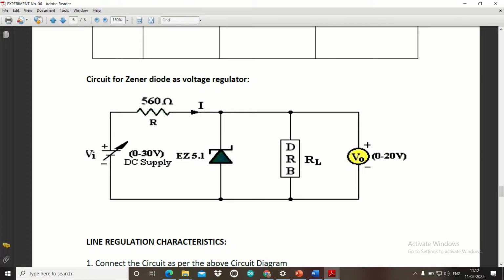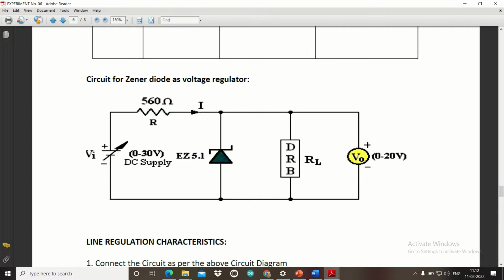Now, when we are studying the line regulation characteristics, we need to keep the load value constant, and we need to continuously vary the input voltage.